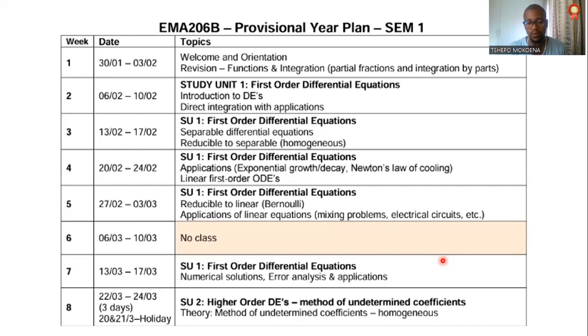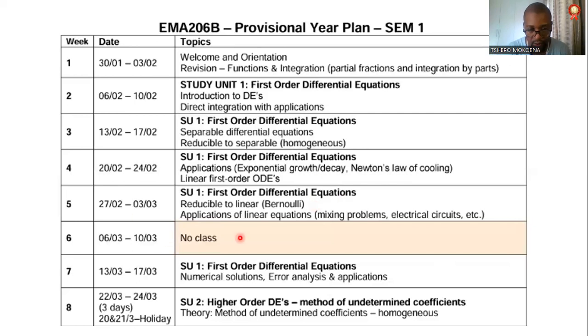And therefore, again, we're going to dwell on the applications of linear equations, mixing problems, such as electrical circuits, etc. Okay, so we're going to do applications of linear equations, which most definitely involves Bernoulli. We're going to have mixing problems. We're going to have electrical circuits. This is just application, and you need to understand that. And there are many different types of applications that we can actually talk about under the Bernoulli. You'll see that as time goes by.